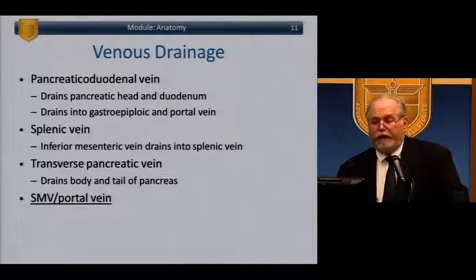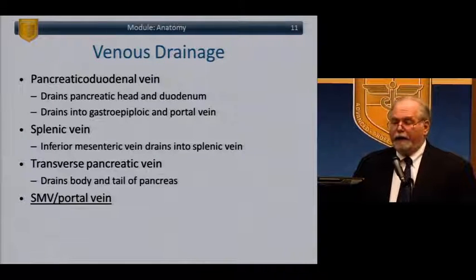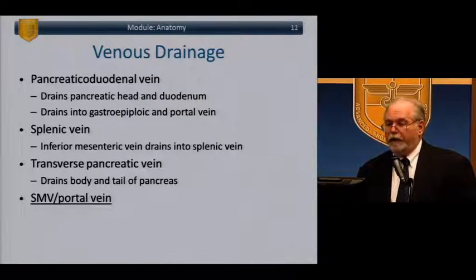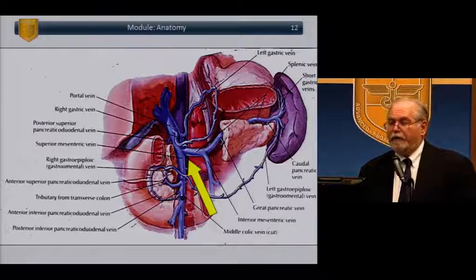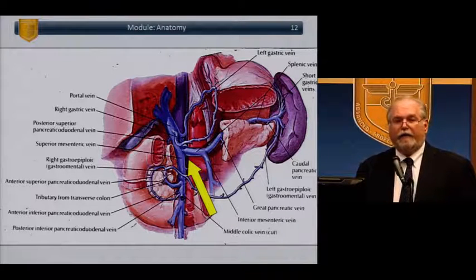You have the splenic vein, which drains the inferior mesenteric vein, and then the transverse pancreatic vein, which drains the body and tail. And the most important relationship, of course, is that the splenic and the superior mesenteric vein join together to form the portal vein directly beneath the neck of the pancreas, that area that divides the body from the head.